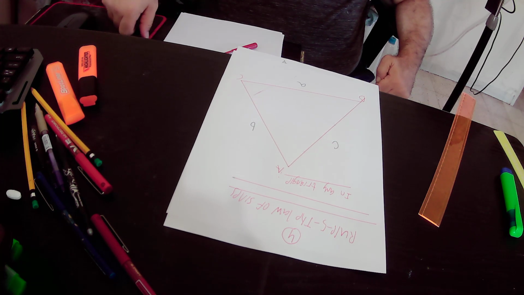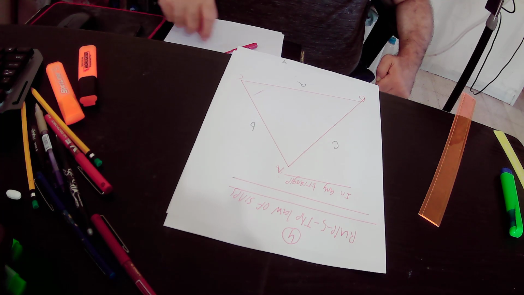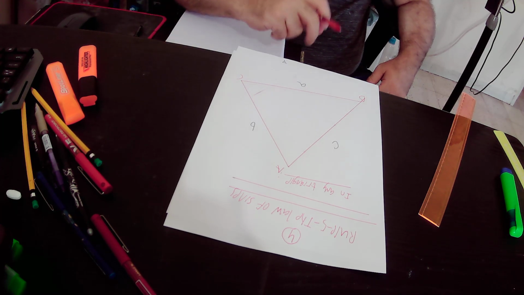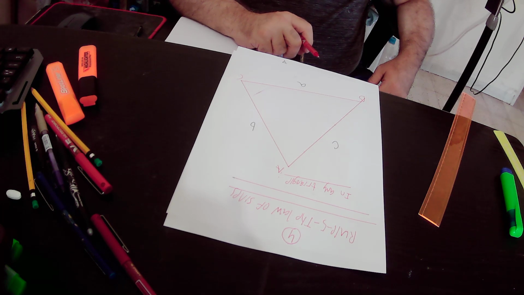And so according to the law of sines, the following relationship exists between the angles of the triangle and its sides.